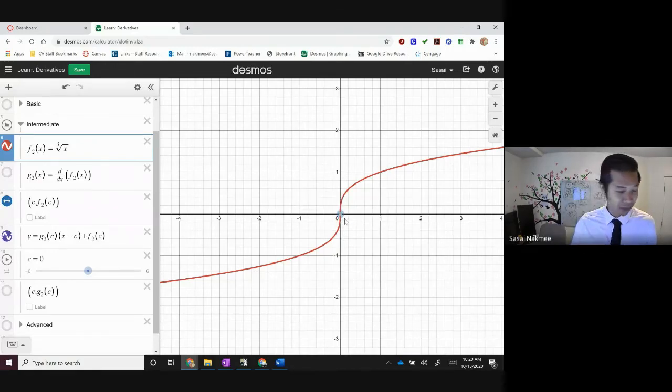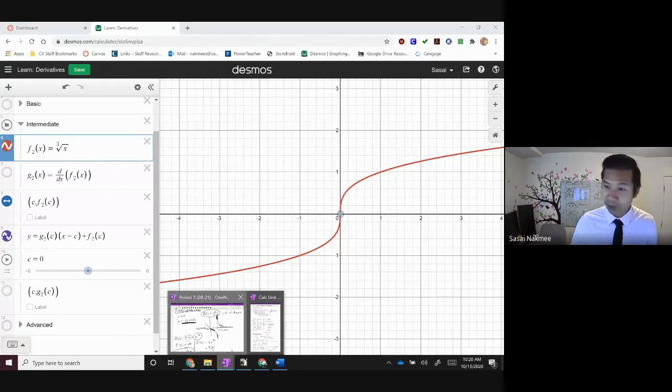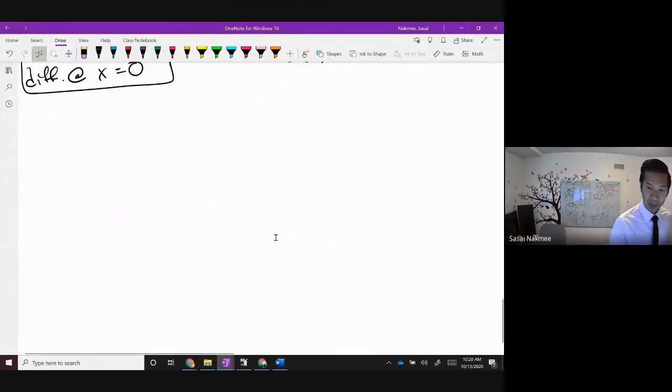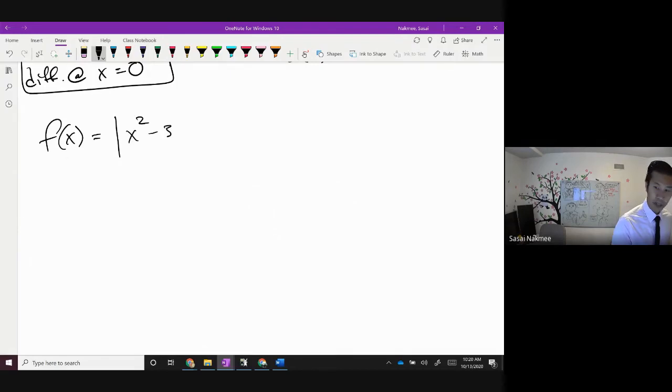So that's one example. Another example I wanted to show you of something that is not differentiable is a function that looks like this. Let's say f of x was equal to the absolute value of x squared minus 3x plus 2. You guys write that down? The absolute value of x squared minus 3x plus 2.